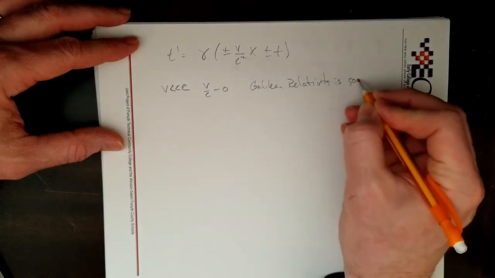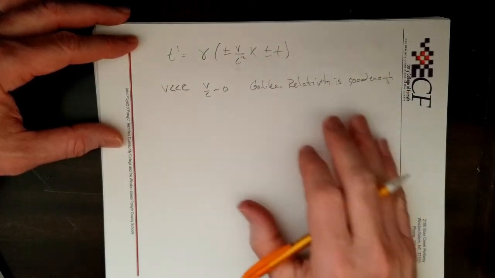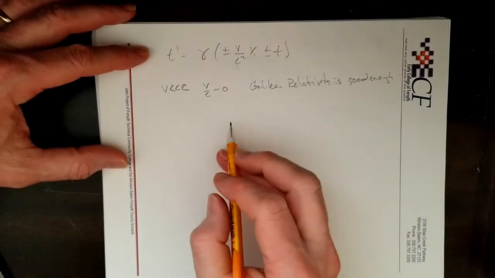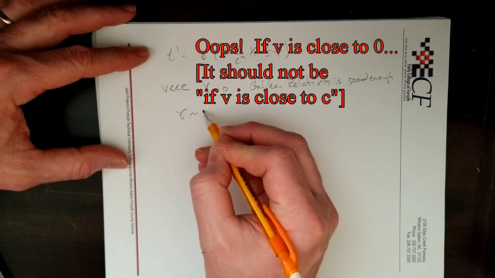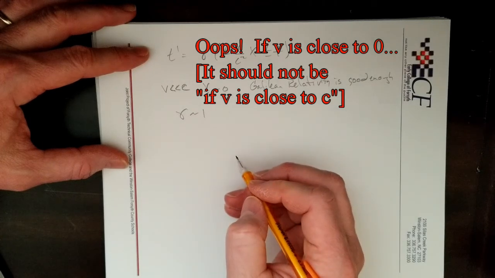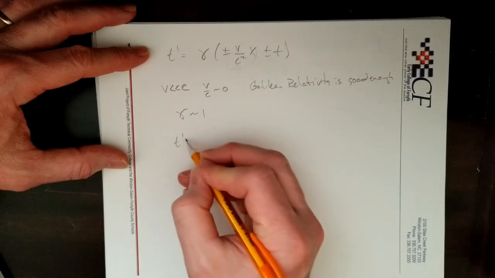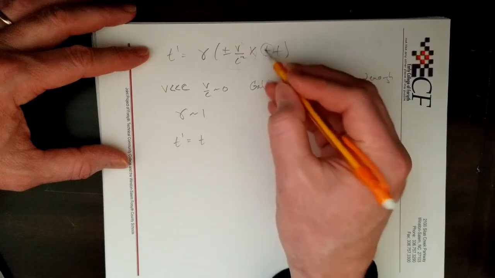First off, in Galilean relativity, time does not change. We're traveling at slow speeds here, and so gamma is approximately equal to 1. This term right here drops out, and so what I'm left with is t prime is equal to t. This has to be the positive solution.